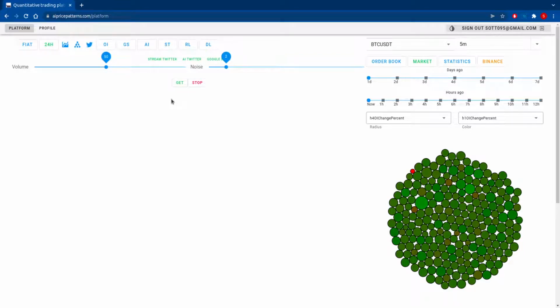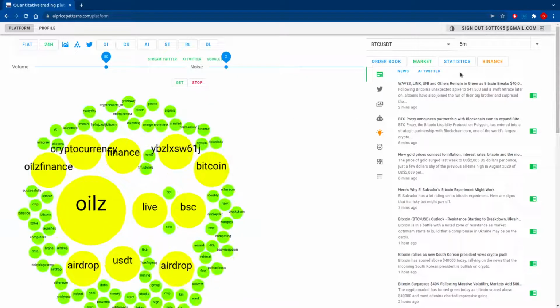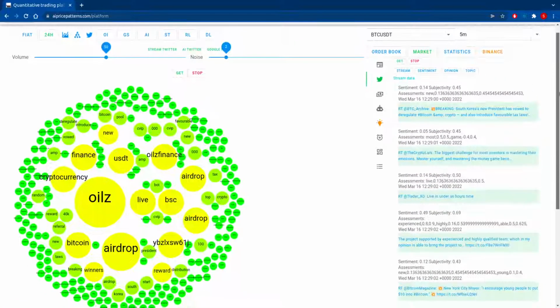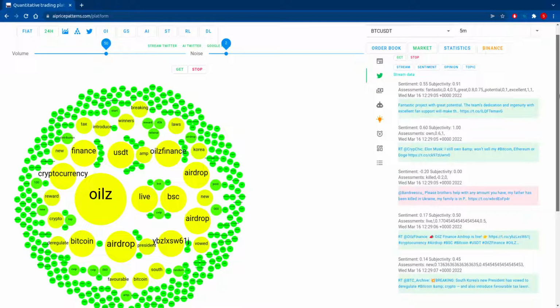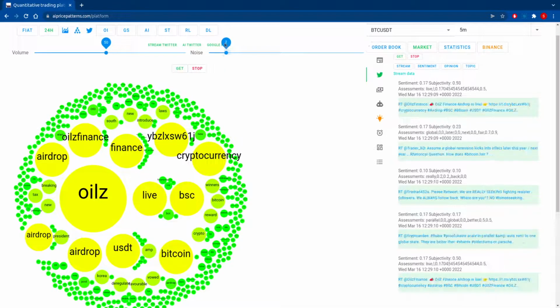I'm developing some model to understand market opinion. We have three points: stream Twitter, AI Twitter, and Google. Let's look at the stream Twitter, and let's look at this one. Okay, and we need to understand what market opinion exists.